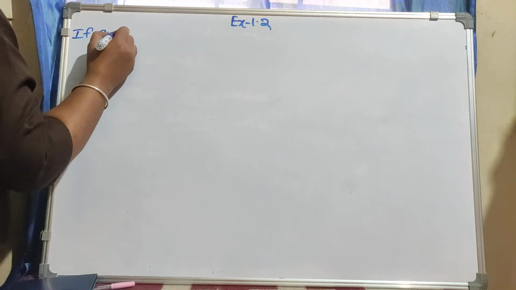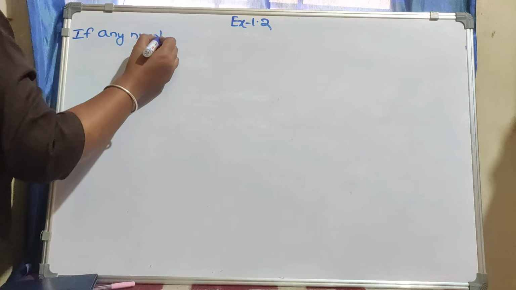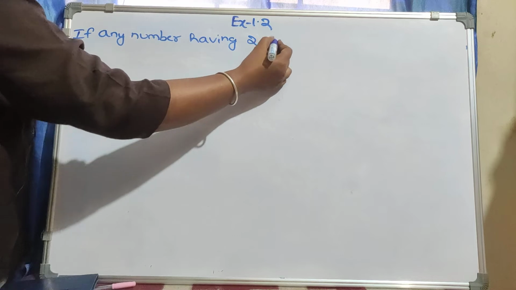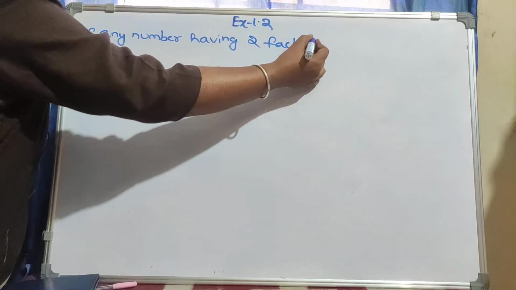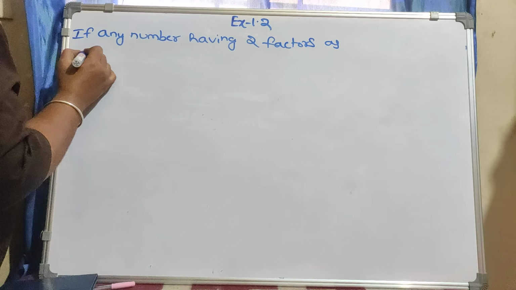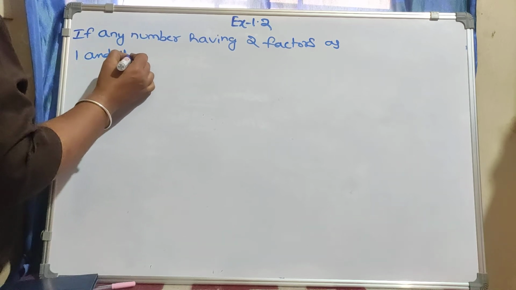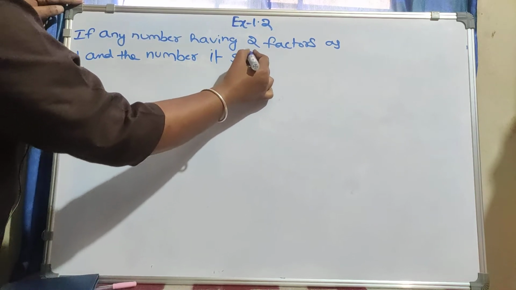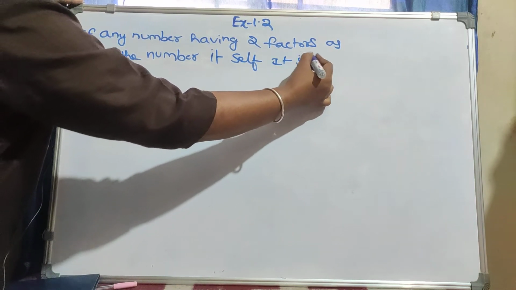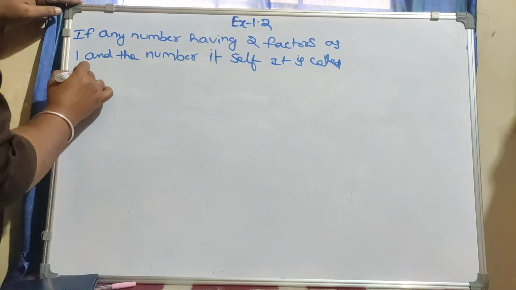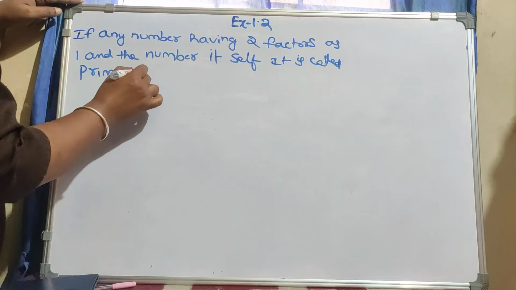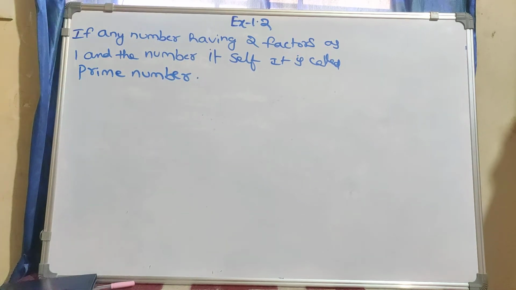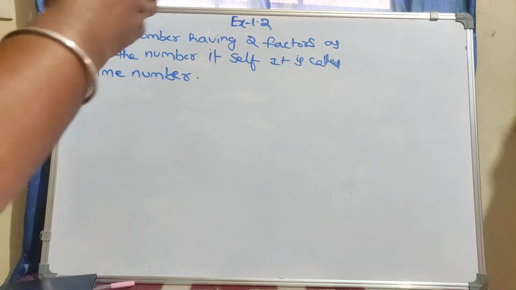If any number has two factors, 1 and the number itself, it is called a prime number.